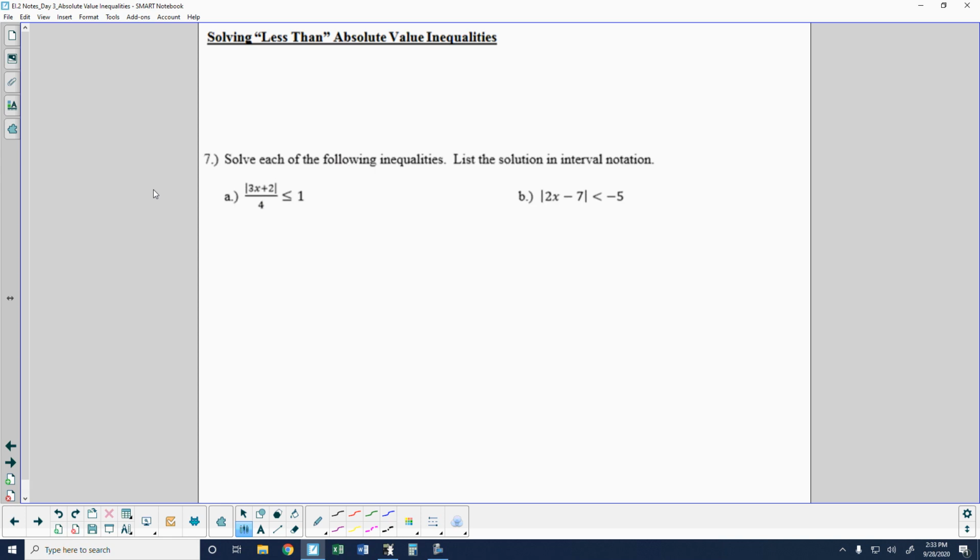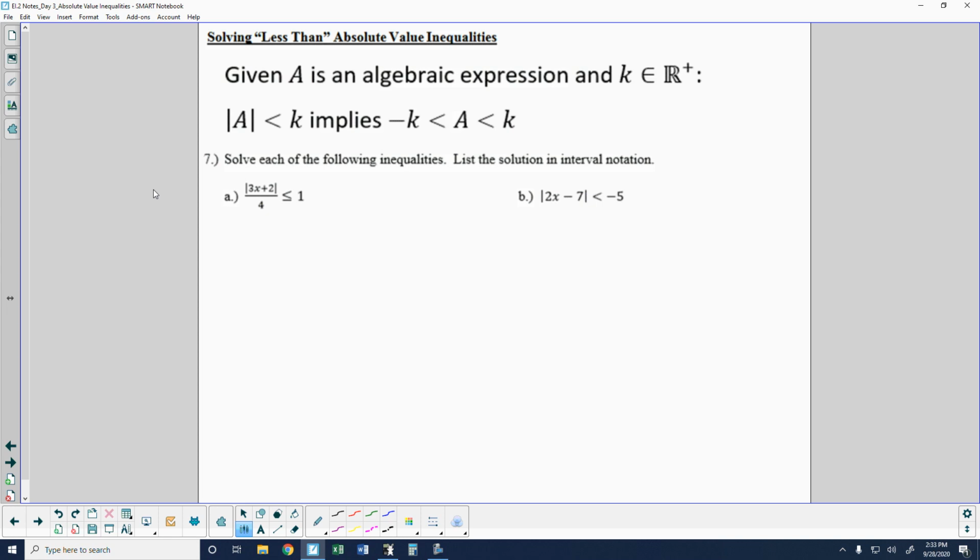So let's jump right into our first section here on page 8, solving less than absolute value inequalities. Anytime we have a less than expression, let's say we have A, an algebraic expression, and k, a number, it's going to be a positive real number.